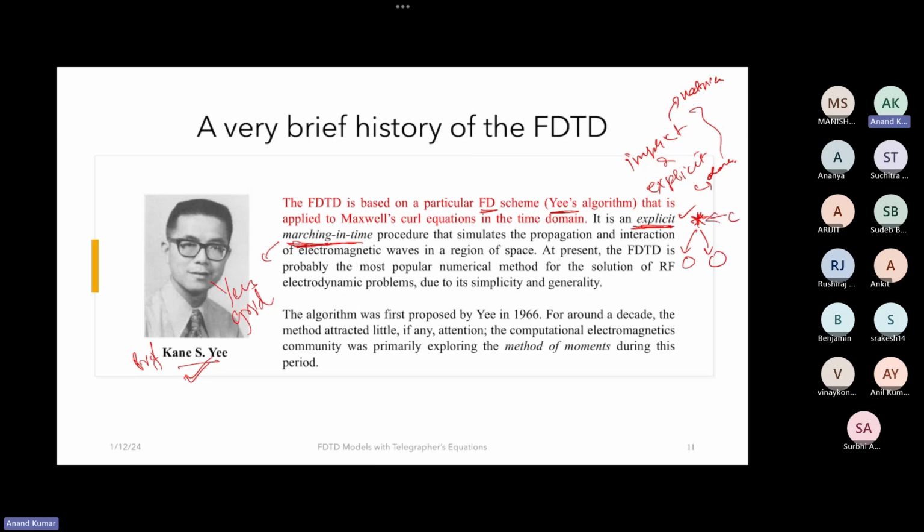For example, if this is the variable you're trying to find out, and you have the values for the nearby points, you can just calculate it directly. While in the case of implicit methods, you prepare your entire matrix, you have your unknowns and the boundary conditions, and then you invert the matrix, multiply it with the boundary conditions, and you get your unknowns.